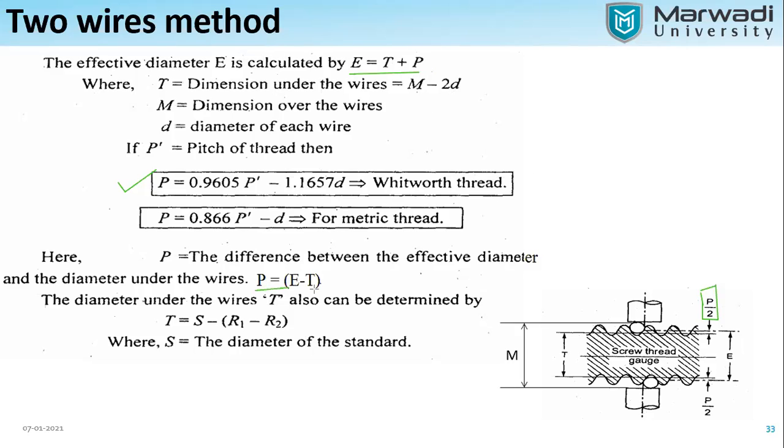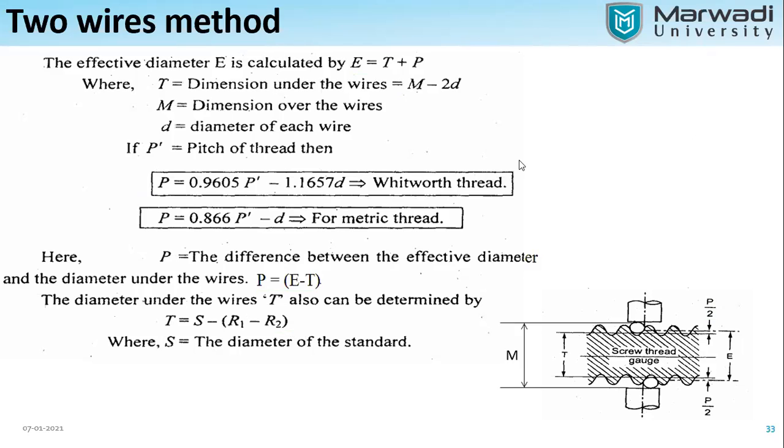So P is E minus T. How do we get this T? This T distance can be found using this formula. It can also be found by using S minus R1 minus R2, which we saw when we measured the minor and major diameter.